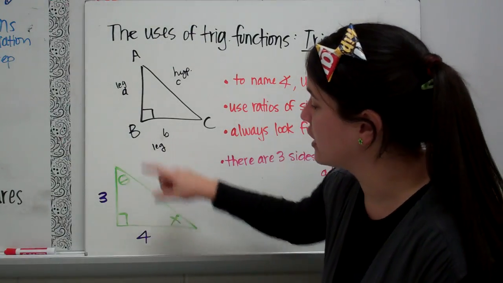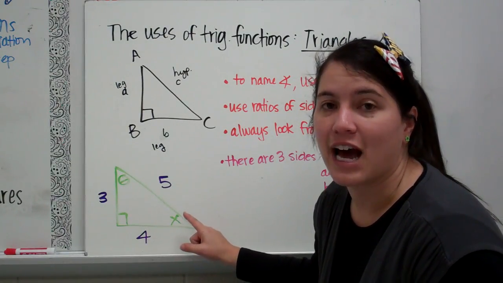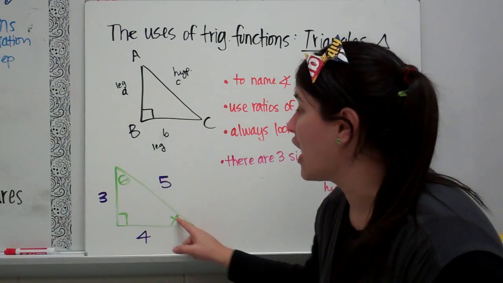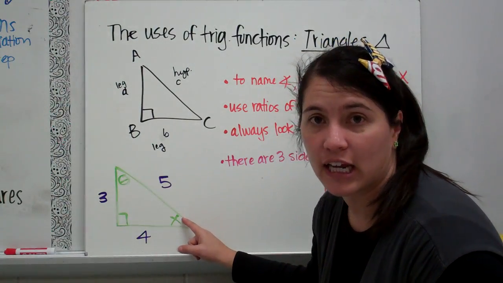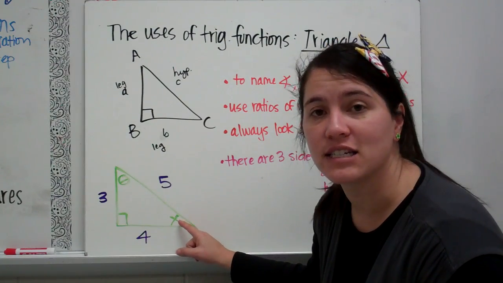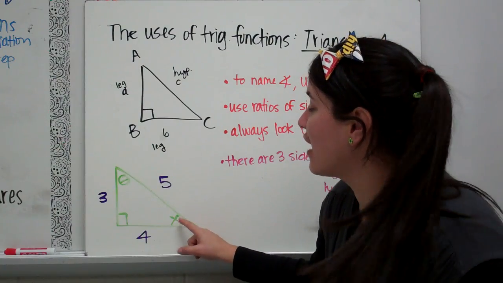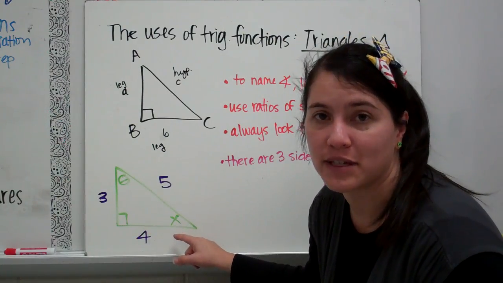Let's take this triangle down here. This is angle X. If I asked you what was opposite angle X, then the opposite would be 3. If I asked you what side was adjacent to angle X, the answer would be 4. Adjacent means beside.